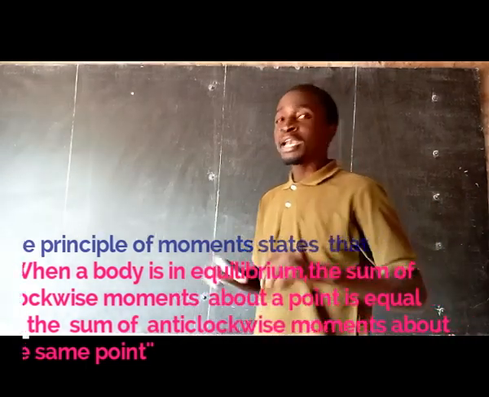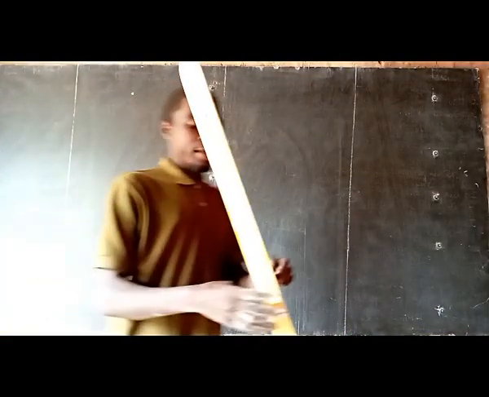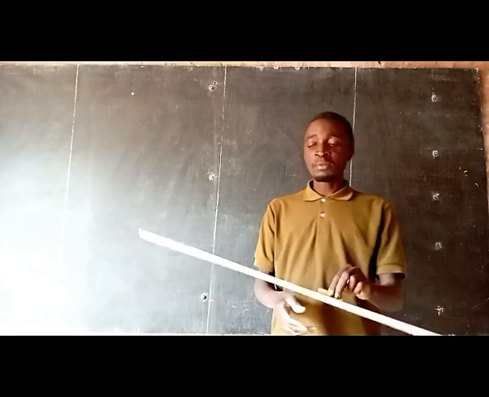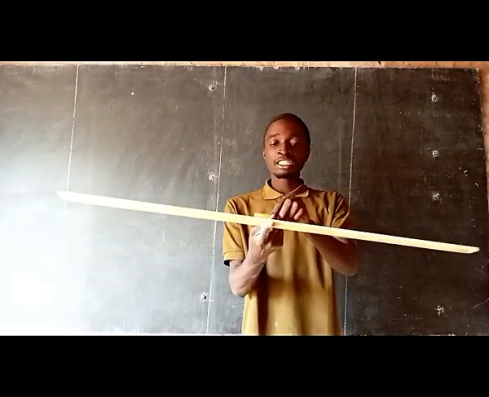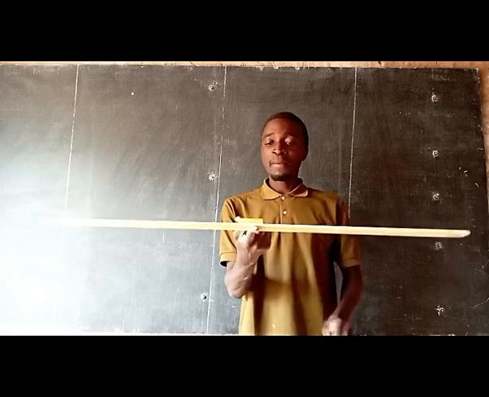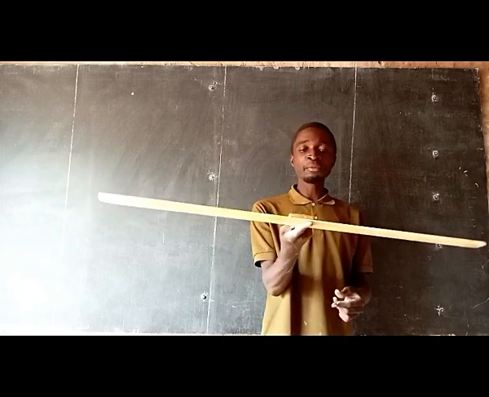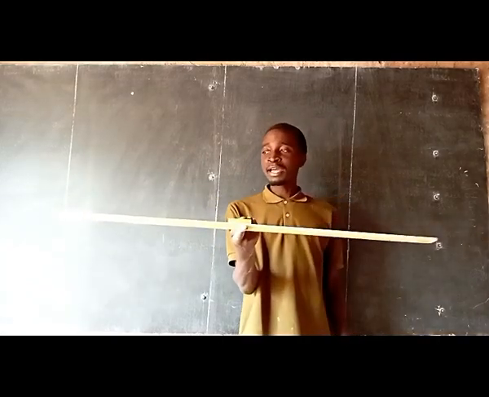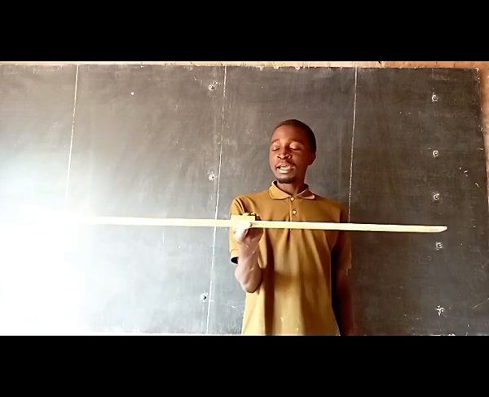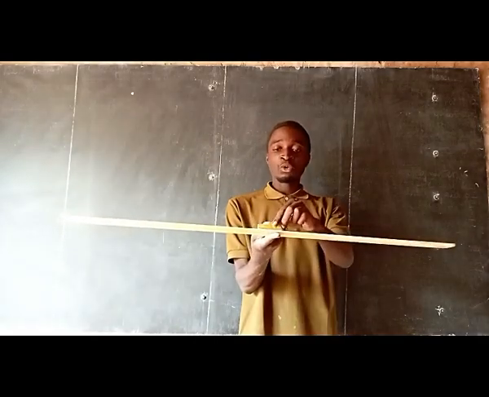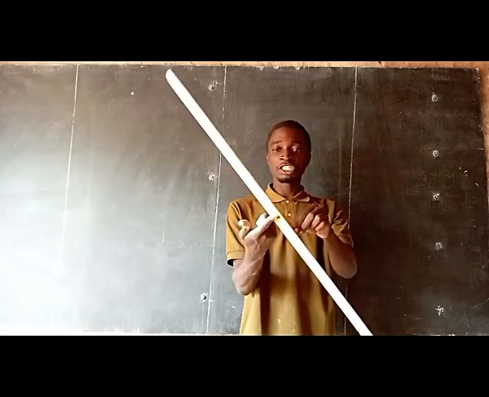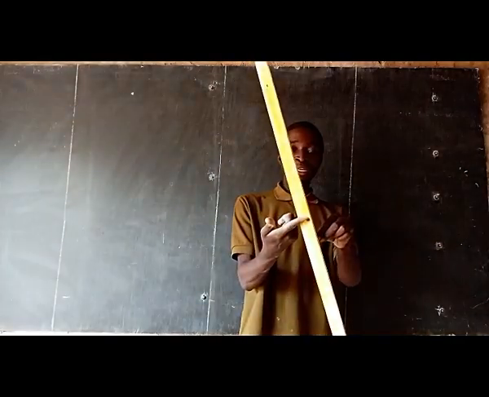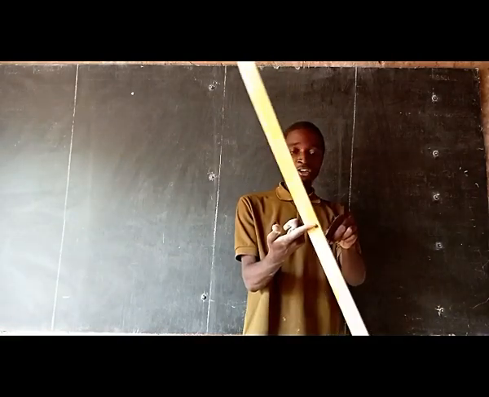That is to say, now just assume we have this ruler. This ruler to be in equilibrium will mean that, for example, let me balance it on my finger. Now you may see this ruler here. I can say that it is in equilibrium, as you can see. But when I position it in another part, you see it falls on one side.